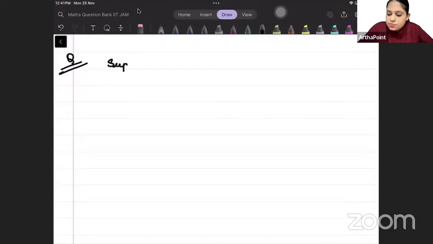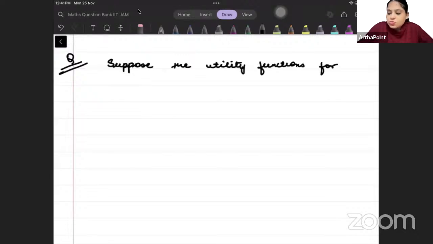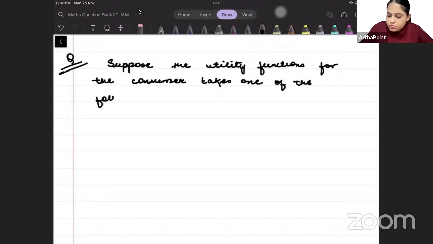So suppose the utility function for the consumer takes one of the following forms.